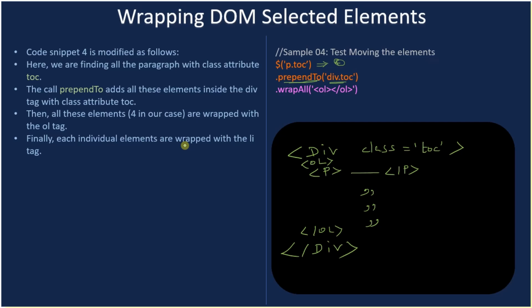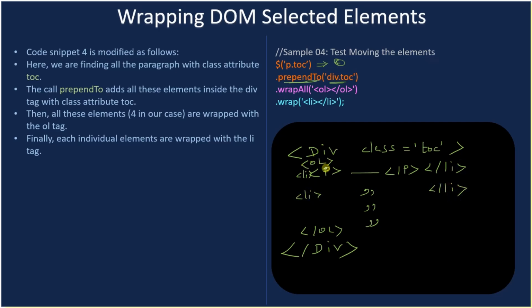Finally, each individual element is wrapped with the li tag. Then we are chaining again, and we are making a call to wrap, where we specify li. So these are all the paragraphs, right? And since we are calling the wrap method, it will be applied on all these 4 objects. That means here we will be having li, and it goes like this.